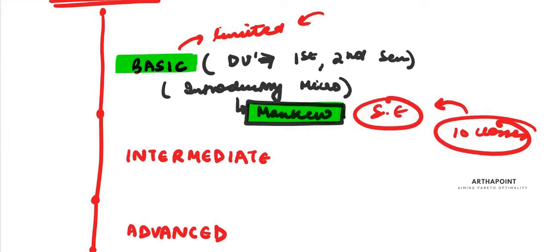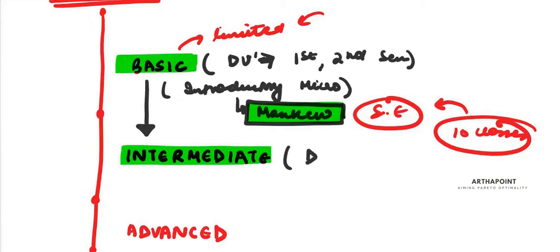Then we have intermediate microeconomics, and this is a much better version, and this is what Delhi University does in its 3rd and 4th semester. Other universities have also been taken into consideration.